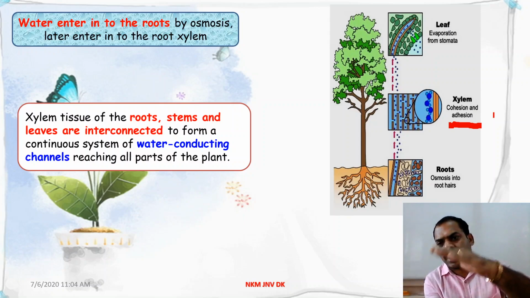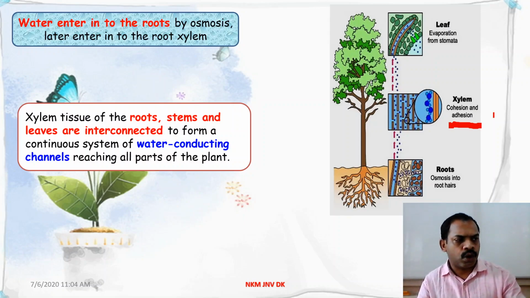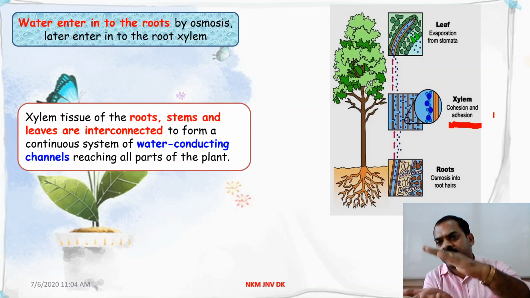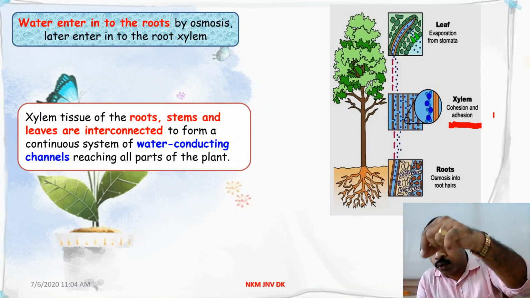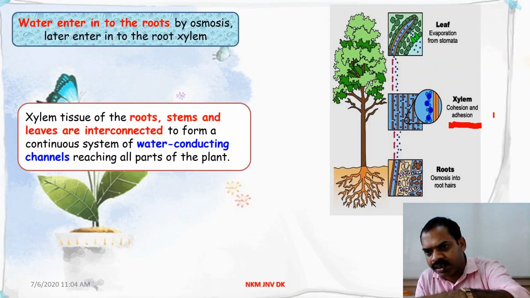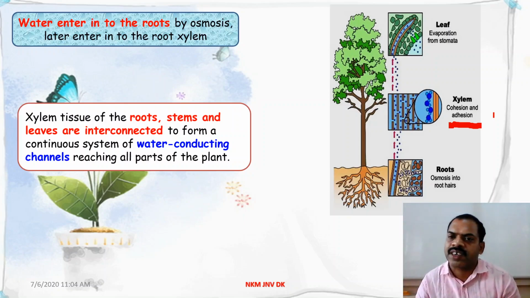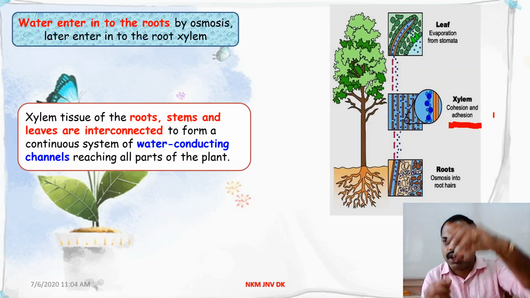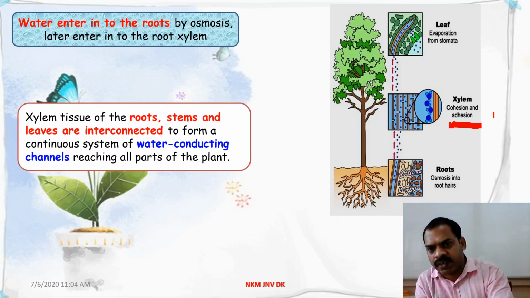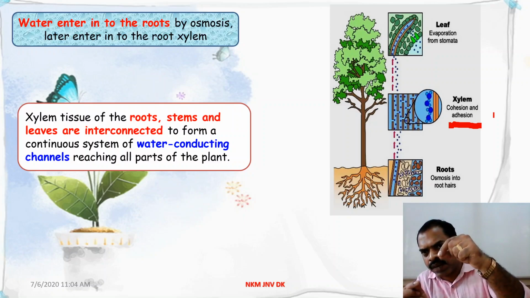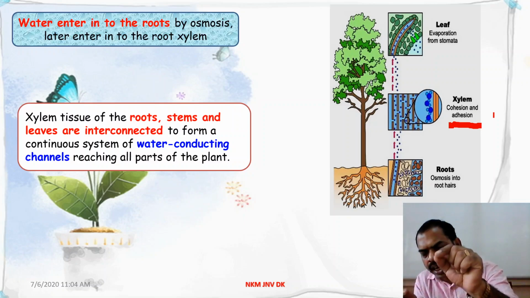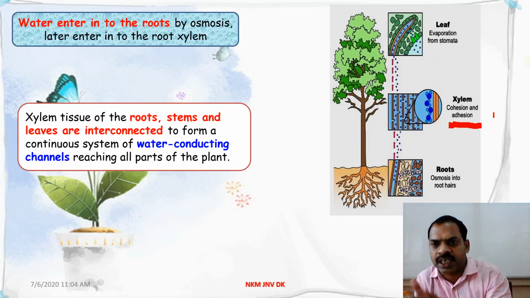Suppose two papers are kept together. It is easy to separate them. But if you dip the two papers together into water and take them out, it is difficult to separate them because of cohesive force and adhesive force. What is happening there? The water is connected with the water molecules, and the water is connected with the paper molecules; that is adhesion, adhesive force.